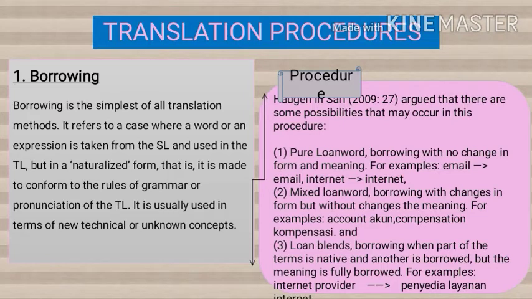It is usually used in terms of new technical or unknown concept. Origin Insan 2019 argued that there are some possibilities that might occur in this procedure. First, pure loanword; 2, mixed loanword; 3, loanbloods.